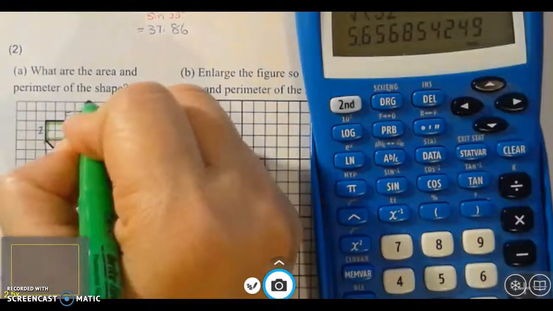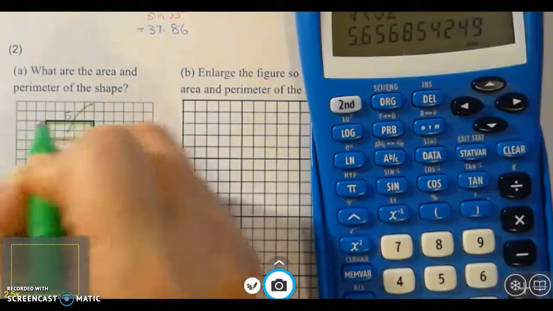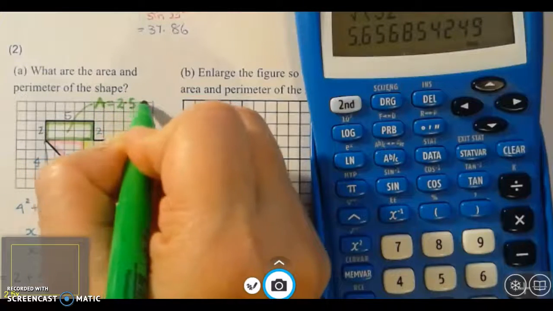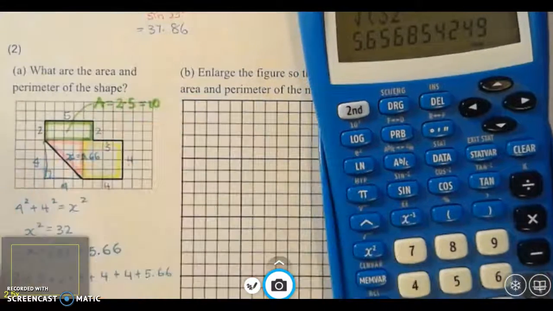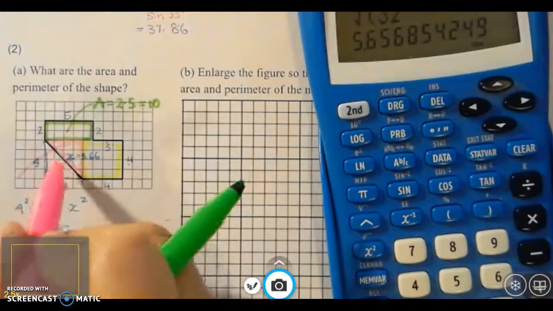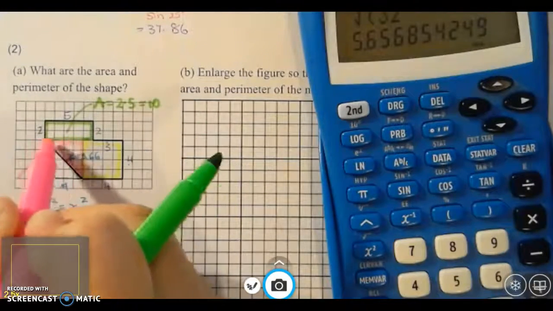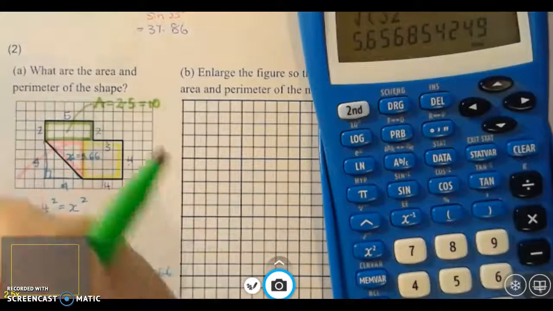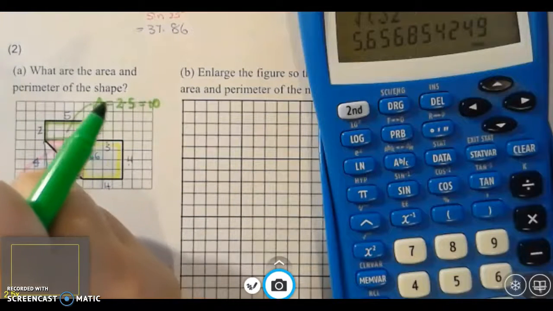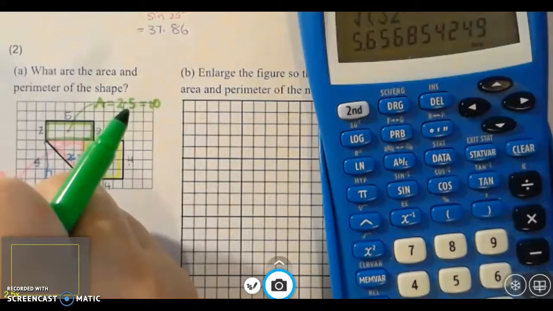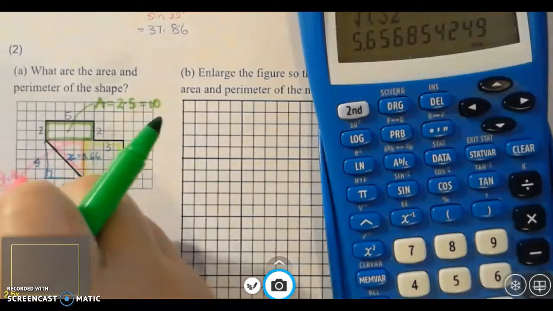What is this area going to be? It's a rectangle, so the area is going to be 2 times 5, which is 10 units squared. What about the pink area? The pink area is half times 4 times 4, which is 8.